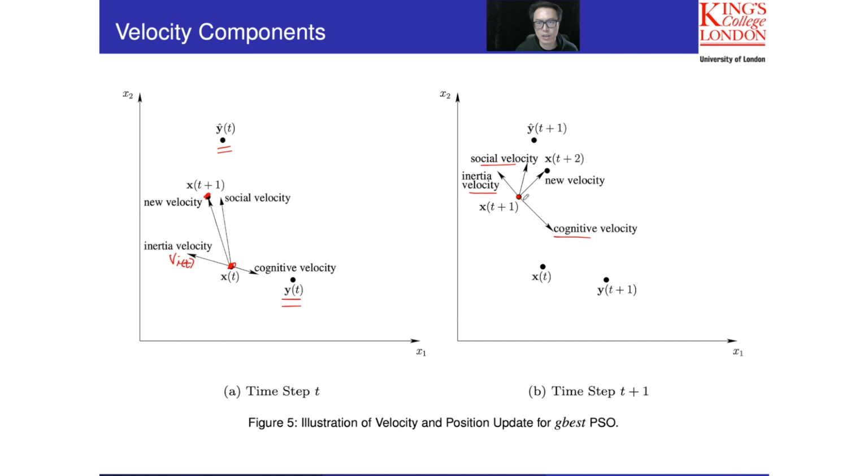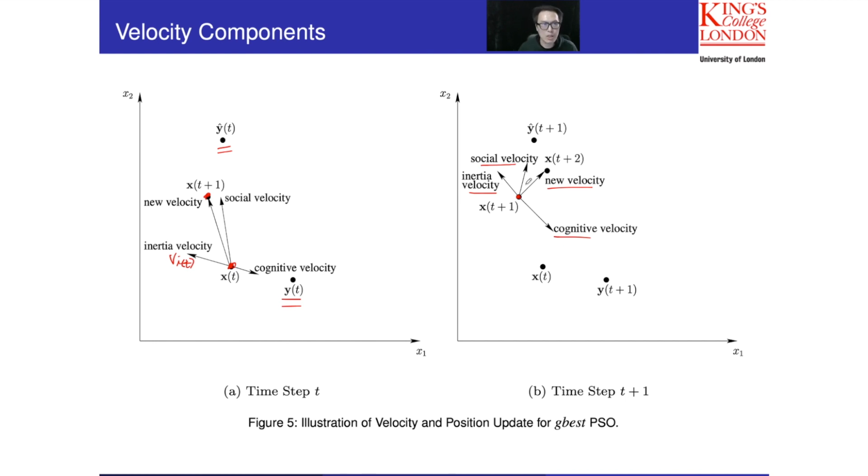After we compute the new velocity, this time it points in the middle of the local and global best solutions. So with the parameters c1, c2, as well as the random numbers, we can adjust the weight to determine whether we put heavy weight on exploitation or exploration.